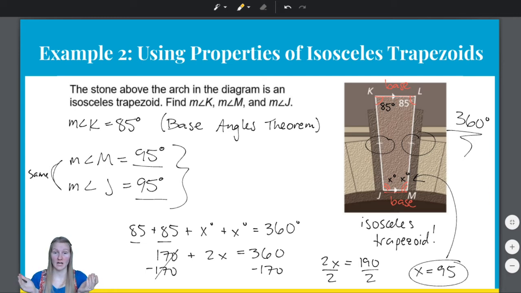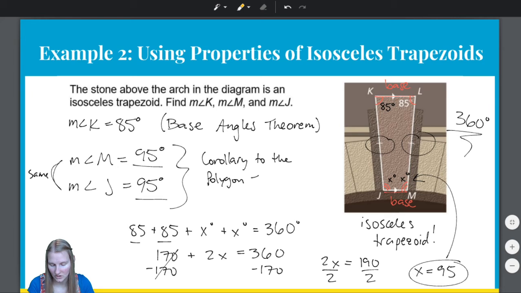For all of these, actually, we used the base angles theorem, and we used the fact that quadrilaterals have 360 degrees in them. So we used the corollary to the polygon interior angles theorem. Ooh, back from 7.1.